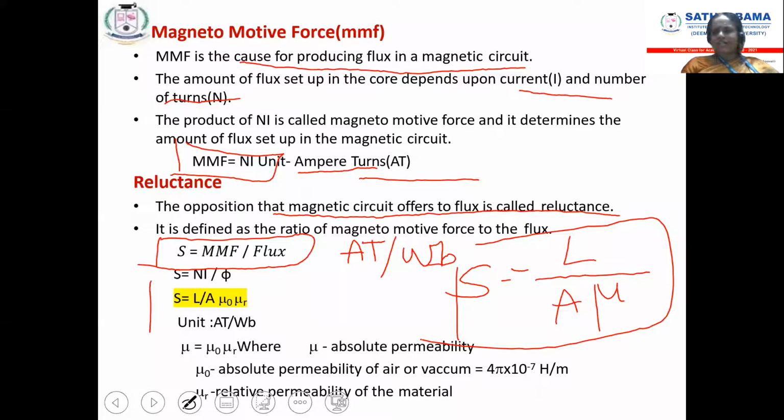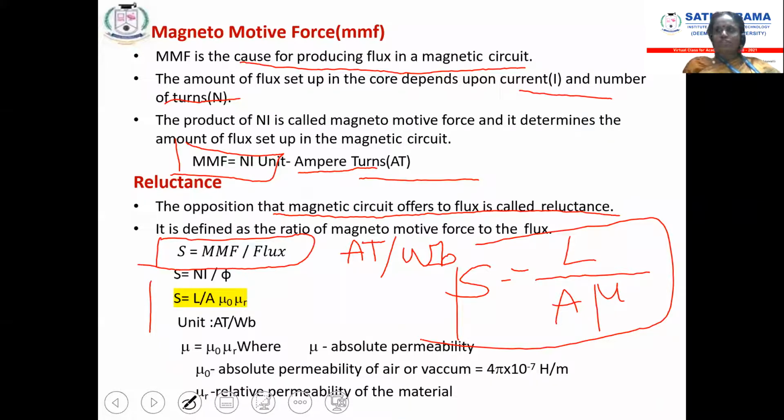Sometimes the questions will be very direct: define reluctance. The opposition that a magnetic circuit offers to the magnetic flux is called reluctance. Or else you can say it is the ratio of mmf by flux.